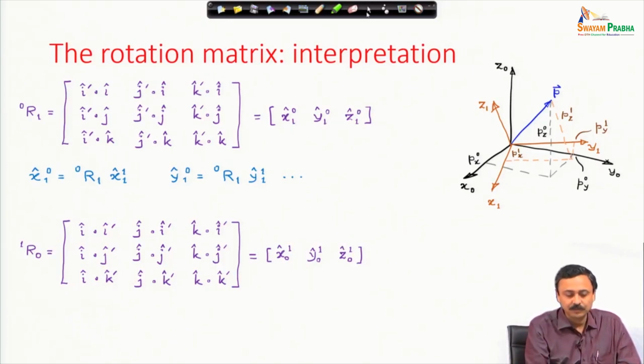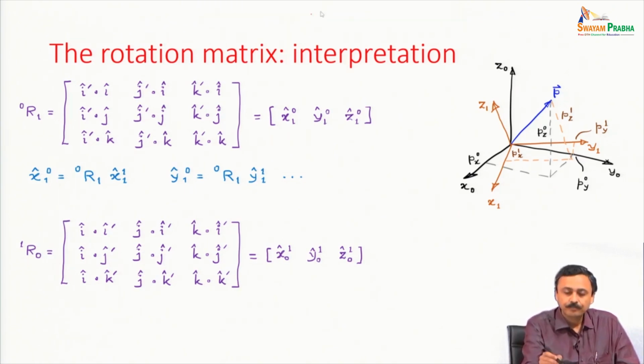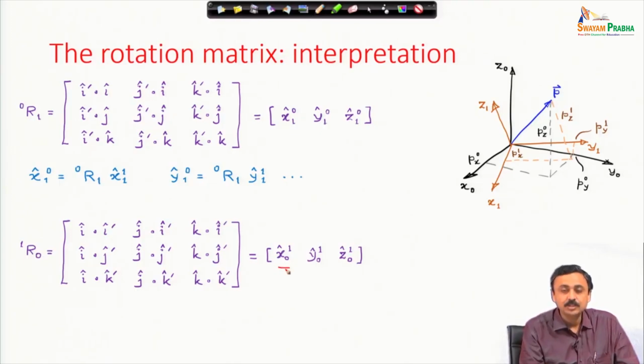Therefore, the first column of this matrix is the transpose of the earlier matrix. Now, the columns of this matrix R from 0 to 1 are x naught represented in frame 1, y naught represented in frame 1, z naught represented in frame 1.